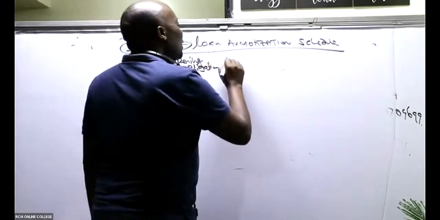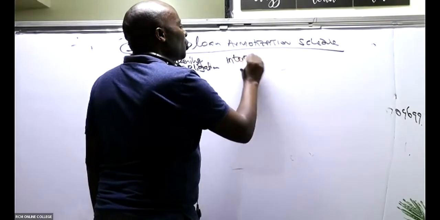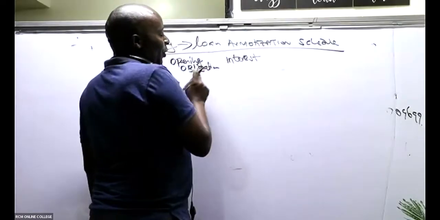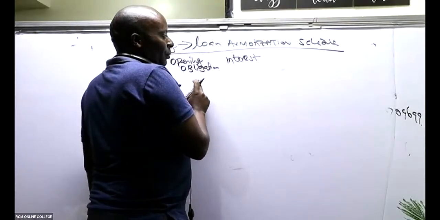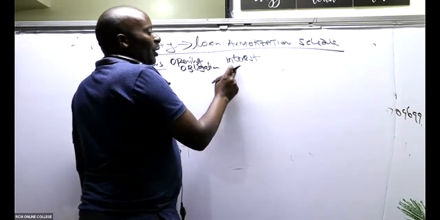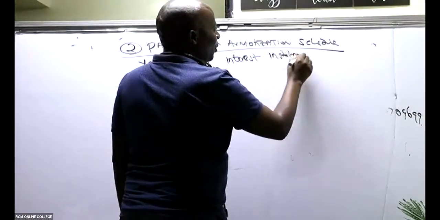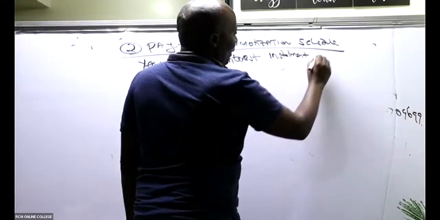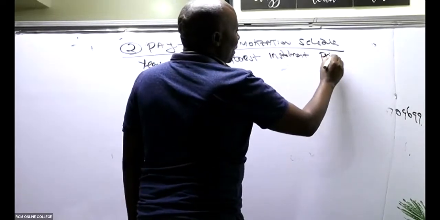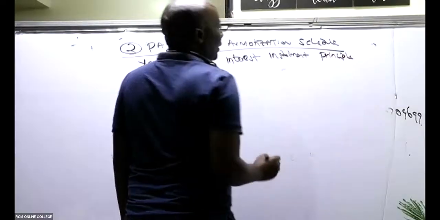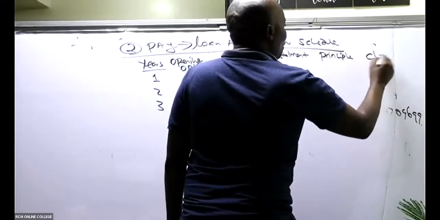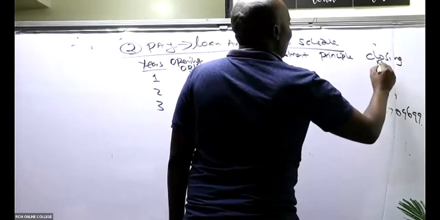This opening obligation will always attract interest. Remember, interest is normally levied on the opening obligation. From there, of course, we shall be able to have our installment, and then our principal amount, and lastly, what we call the closing balance.